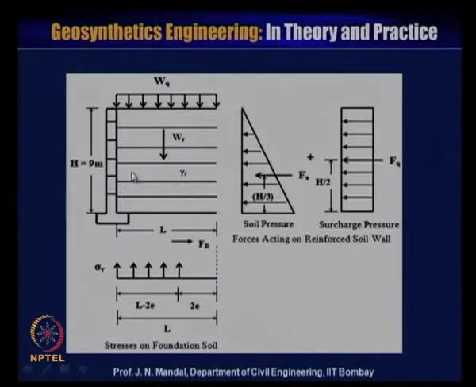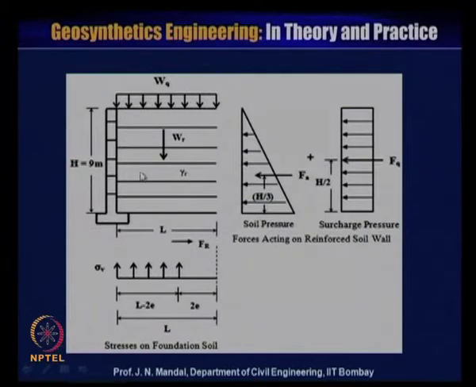Now, look here, this is the wall, the height of the wall is 9 meter, and there is a surcharge, that is W of Q, and this is the reinforced zone weight, designated as W of R, and gamma R is the unit weight of the reinforced soil zone here, and this is the length of the reinforcement.